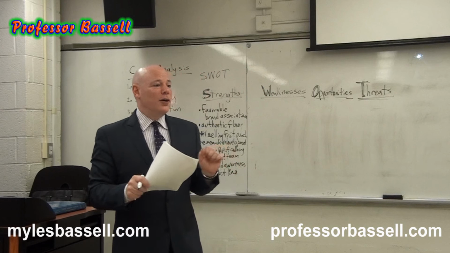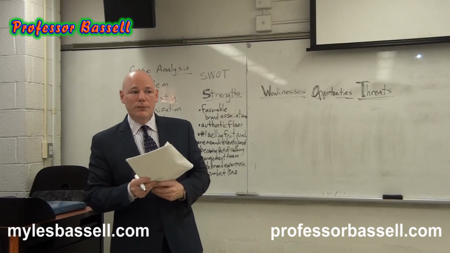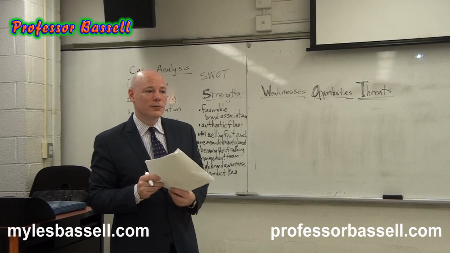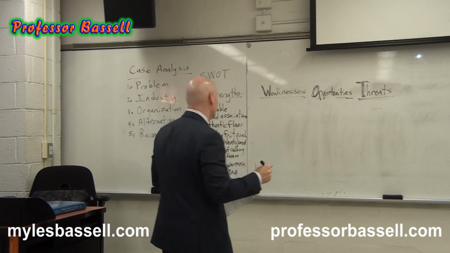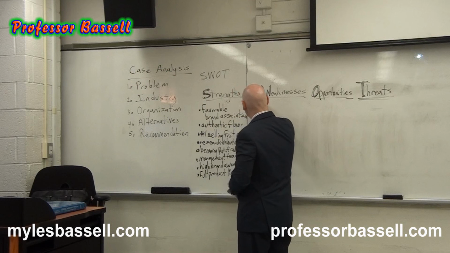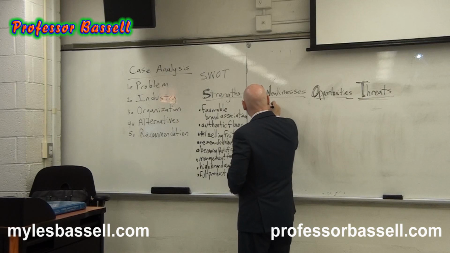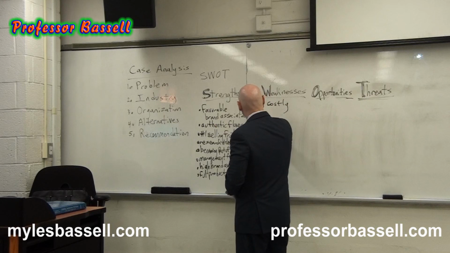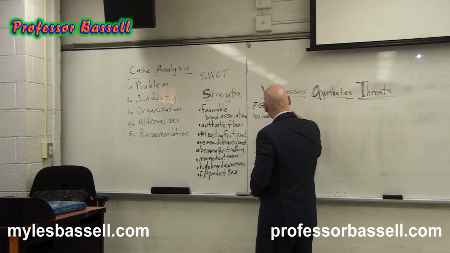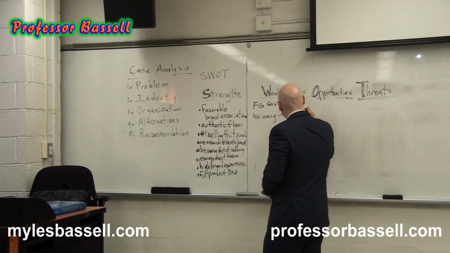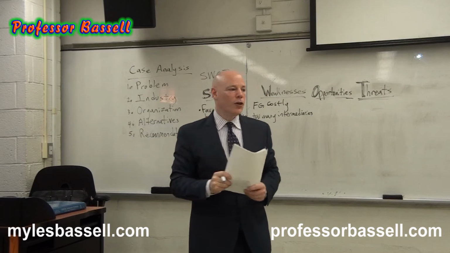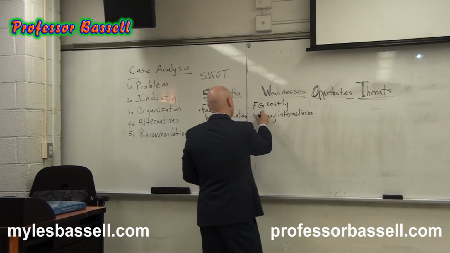Now, what about the weaknesses? Good, Merlin? The finished goods distribution is too costly and there are too many intermediaries involved before the actual product arrives to the store. All right, tell us a little bit more about that.